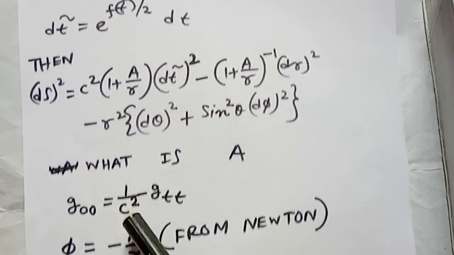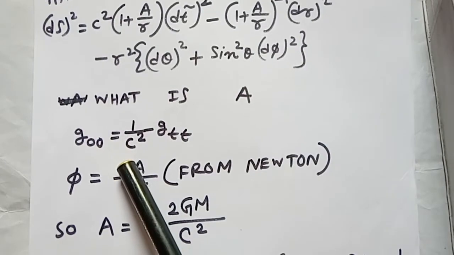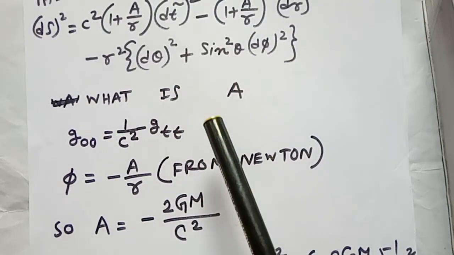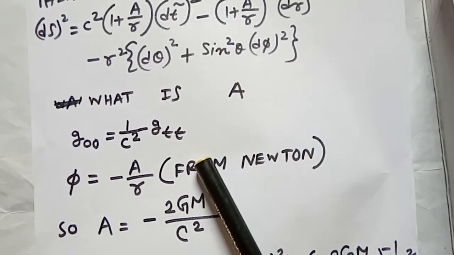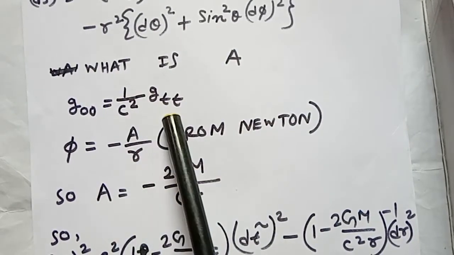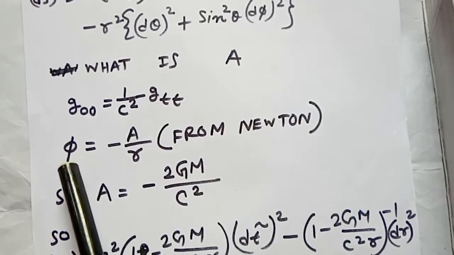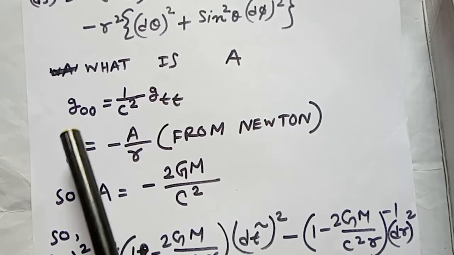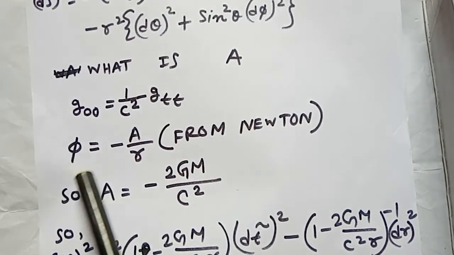Okay, now what is the value of a? This is our derivation. Now g00 equals 1 plus 2 phi over c squared. From Newtonian mechanics we know that phi equals minus a per r, where phi is the gravitational potential.